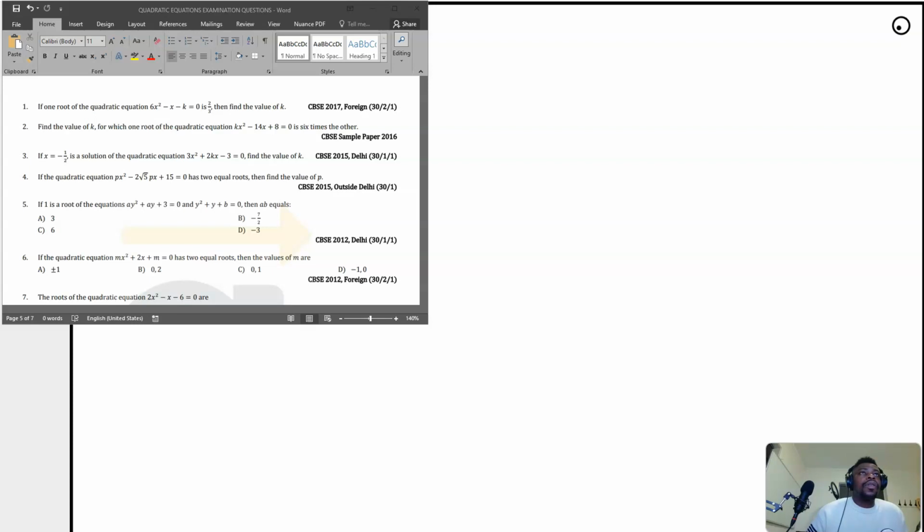Question 4: if the quadratic equation px squared minus 2 root 5 px plus 15 equals 0 has equal roots, then find the value of p.